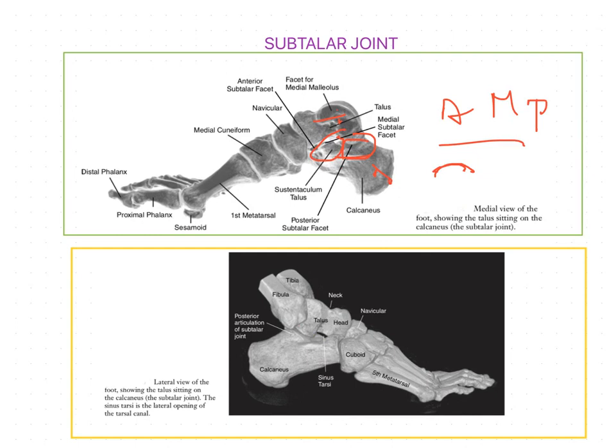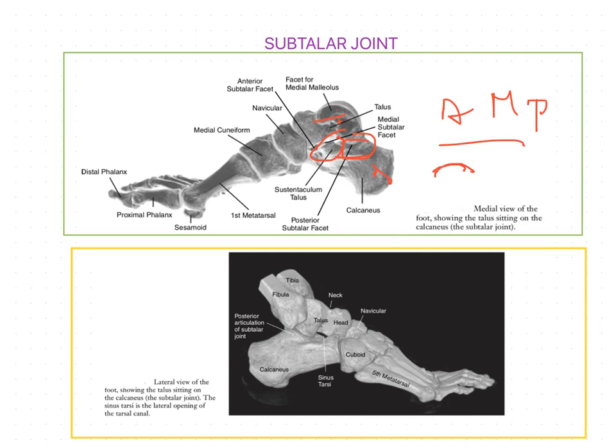The tarsal canal and the ligaments running the length of the tarsal canal divide the posterior articulation and the anterior and medial articulations of the subtalar joint into two separate, non-communicating joint cavities.